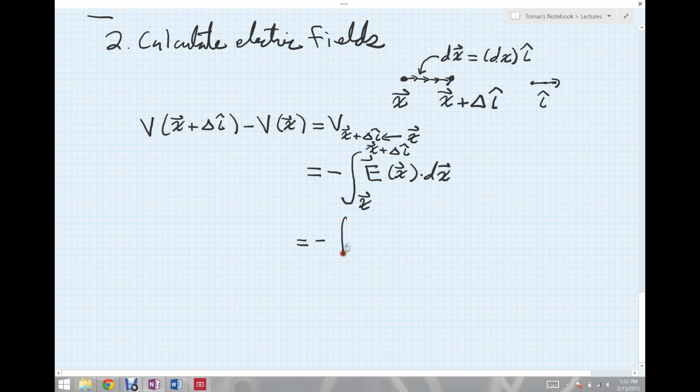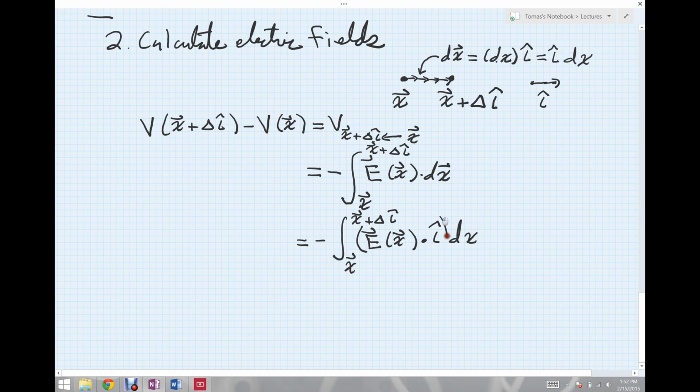So let's substitute in that vector nature. It's minus the integral from x all the way to x plus delta times I hat. Now I have E, the electric field at each of these locations, dotted with dx times I hat. It's going to be a little more convenient if I write it the other way: E dotted with the direction I hat times the length dx.